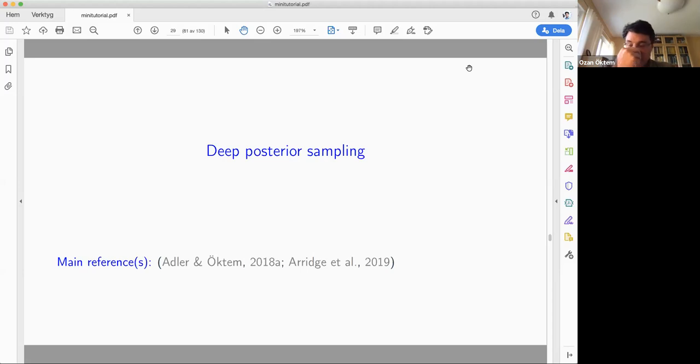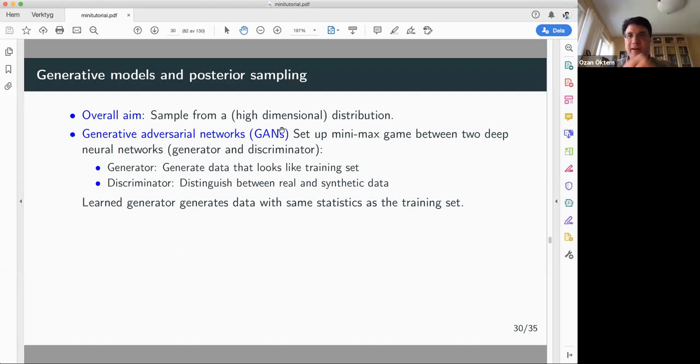Okay. So what if one can use deep neural networks to compute not a single estimator perhaps, but to sample from a posterior distribution? And that's the idea that I'm going to devote the remaining 10 minutes to.